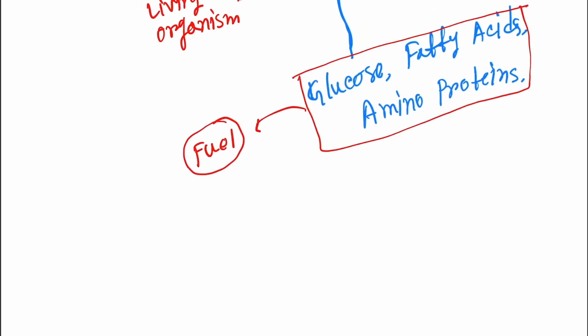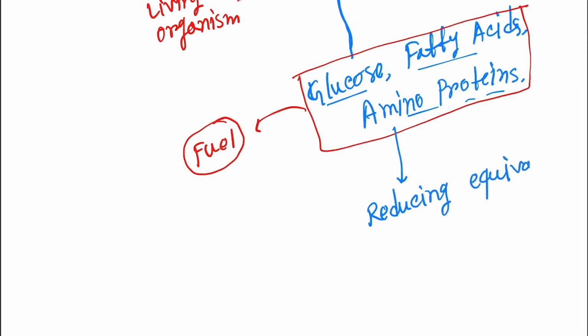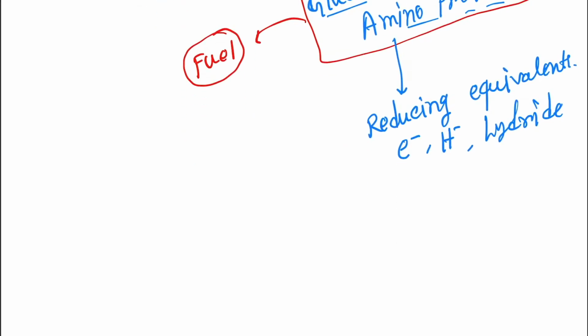Now in these compounds or fuels, energy exists as reducing equivalents, okay, like electrons, hydrogens and hydride. Now you have read the periodic table in your earlier classes, where different positions of electron and hydrogen form different products.